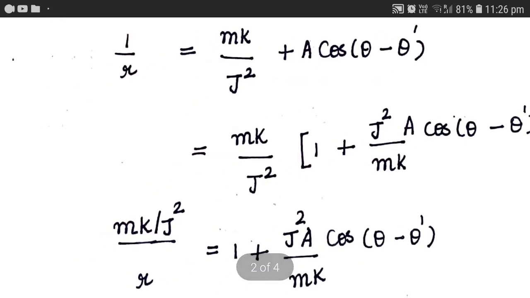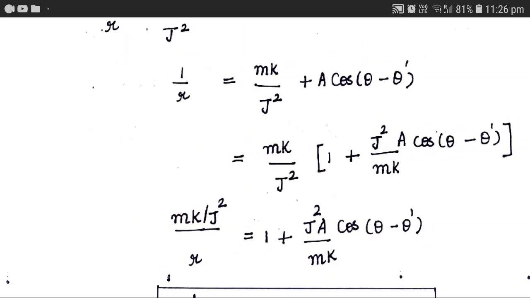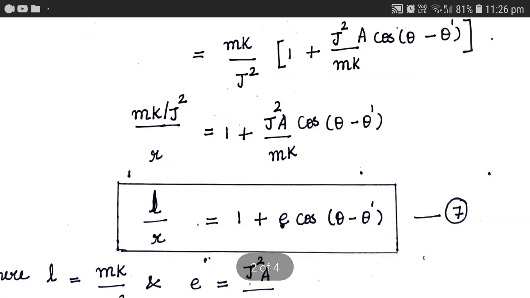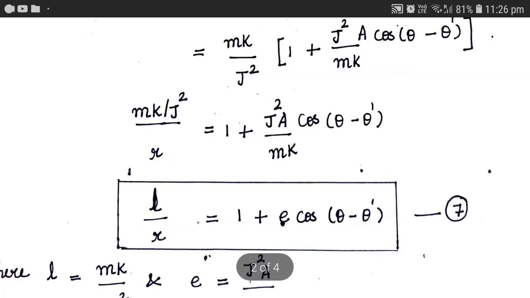Then let us take this mk by j square from the right hand side to the left hand side. Then it sits in the numerator on the left hand side. So it is mk by j square by r equal to 1 plus j square a by mk into cos theta minus theta prime.